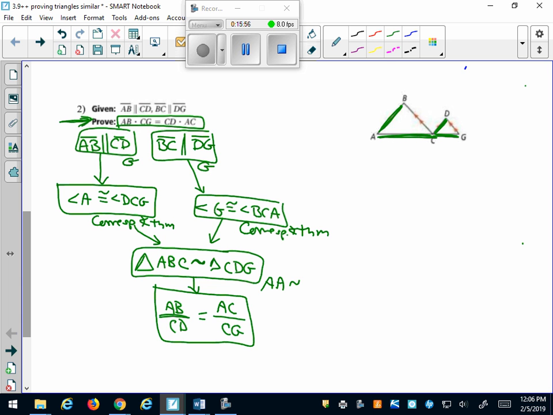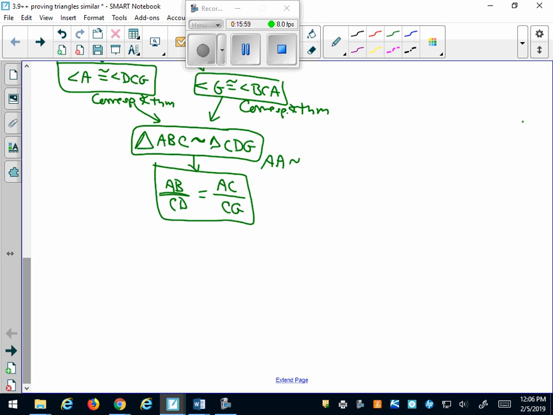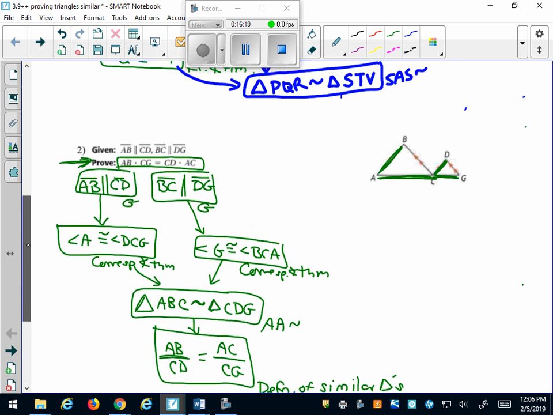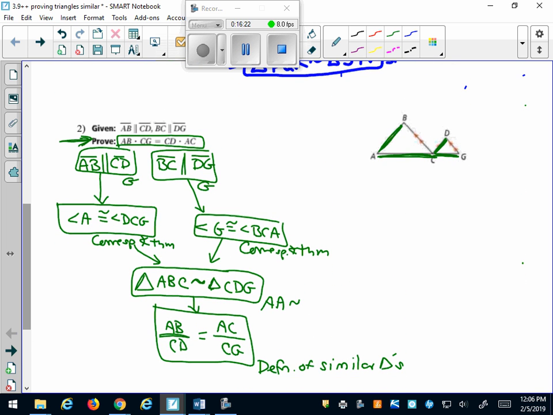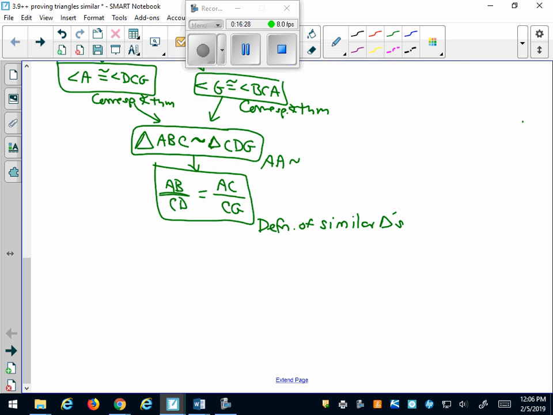That is what your statement looks like when you're trying to say, since these triangles are similar, the sides are proportional. What do you suppose our reason is here? Definition of similar triangles. Now, that's not exactly what it said to prove. It said to prove AB times CG equals CD times AC. Why can we make that next step from here? Why is it true that AB times CG equals AC times CD?